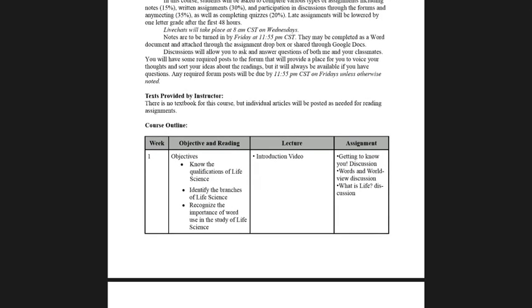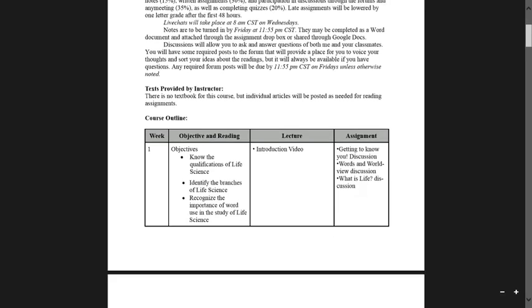And then in our outline, again, these are similar to other outlines you've had for other Wittenberg courses, so we should be pretty familiar. We've got our objectives and readings over here to the left, and then if you have a lecture, that'll be in the middle, and then any assignments, discussions, quizzes, notes that need to be done will be over here.